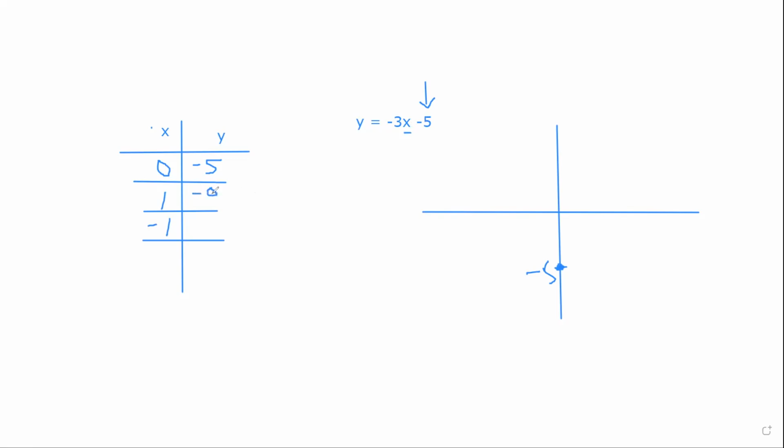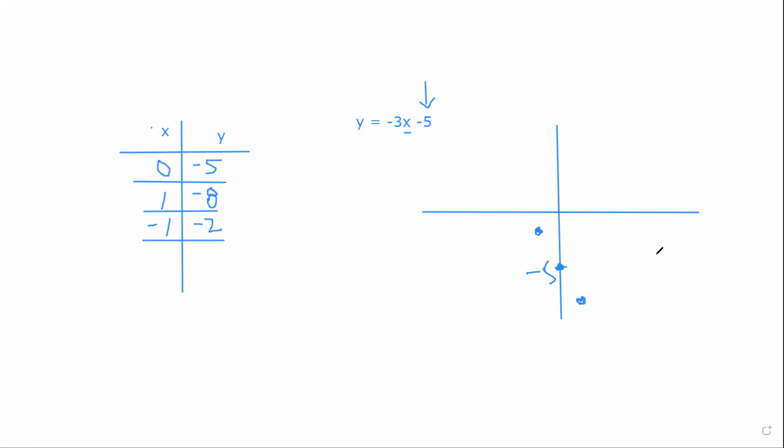That leaves me with -8. So 1, -8 is down here somewhere. When I plug in -1, -3 times -1 is +3 minus 5 leaves me at -2. So x -1, y -2. I don't have a scale on this graph, but you can kind of see them already starting to line up.